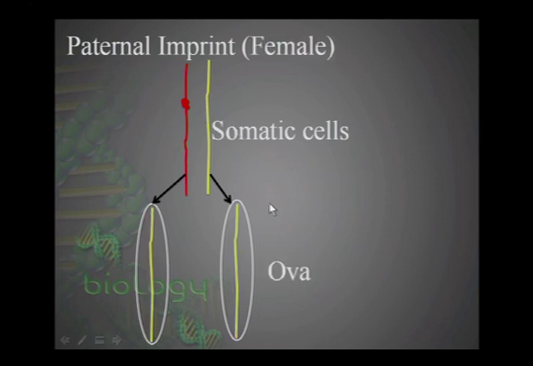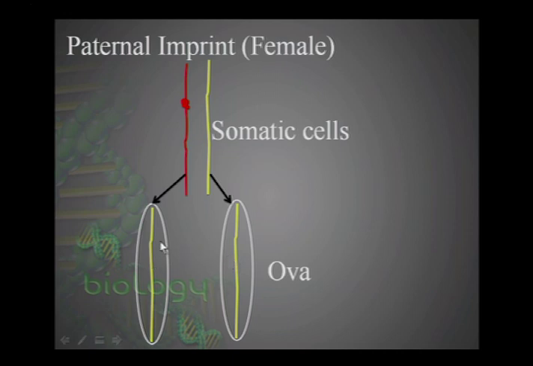Now, in a paternal imprint, if you were a female, you would have inherited the imprinted gene from dad and the non-imprinted gene from mom. And when you make your ova, you will take dad's chromosome and activate it again. You will take out the hypercoil, and of course this one is already active.